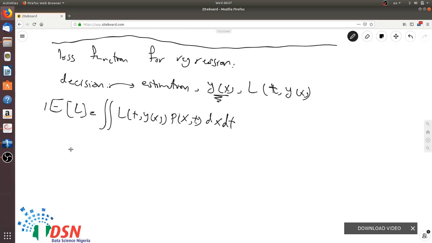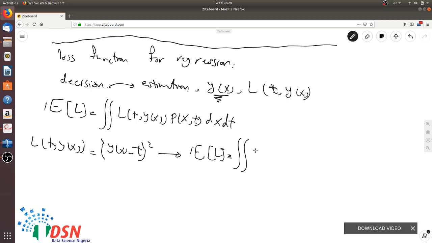It is very common to use a squared loss as the loss function. So we could choose the loss function as y of x minus t squared. If we plug this loss into the expected loss function, it would be the integration of y of x minus t squared, the joint probability dx dt. We want to minimize that by changing y of x.